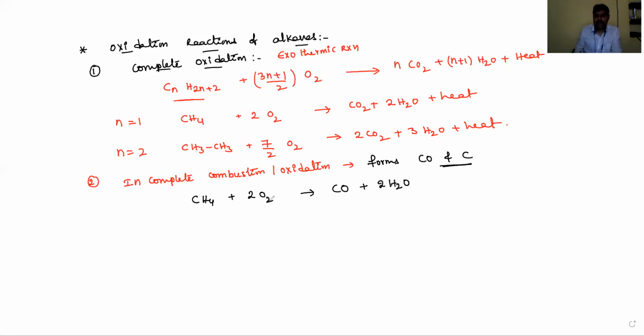Okay, total 4 oxygen atoms are present on the product side: here 1 is present, and here 2 are present, 3. So if you are taking 2 moles, then you will get 2 moles of CO, and here 2. Total 4, okay.